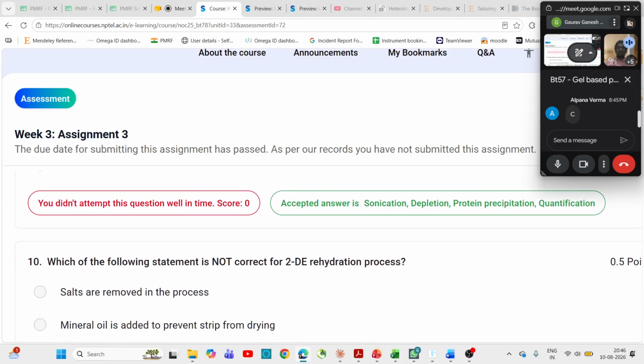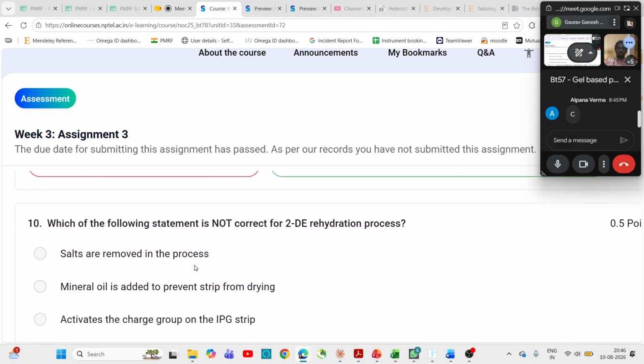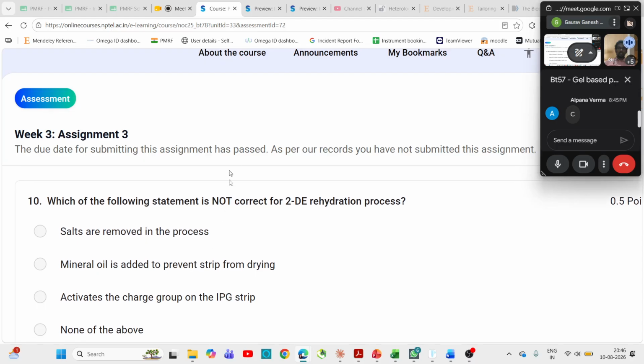Which of the following is not correct for the 2DE rehydration process? What happens in the rehydration process?